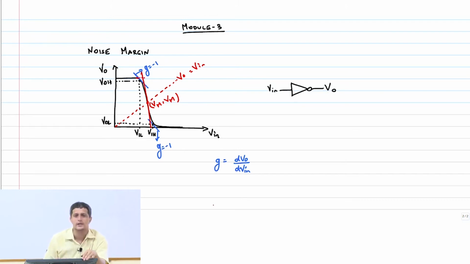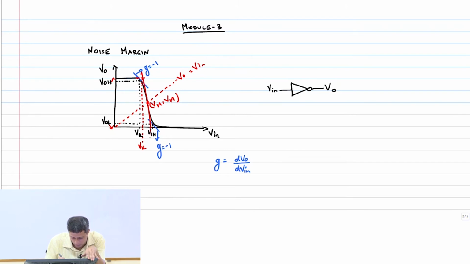So the first point is VOH is actually nearly VDD and VOL is nearly ground. This is true whether it's a real transistor or the ideal case, it doesn't matter. So VOH, if you are going to approximate as VDD, is not a big problem. So we can take the intersection, and this point we said we would call VIL.